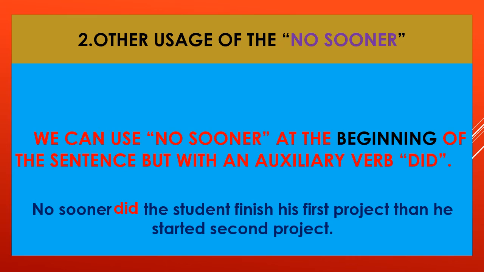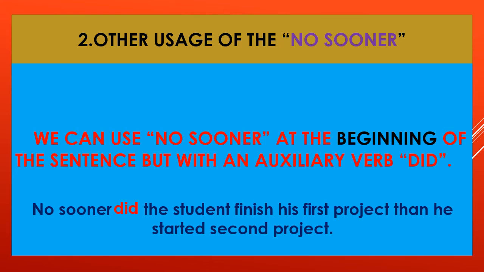In very rare cases, we use like this. Generally, we use had. So, the place of had is occupied by did here. Okay? And here, the main verb in the first sentence, finish. Earlier, it is as finished. But here, it is used as finish because did itself is in the past.